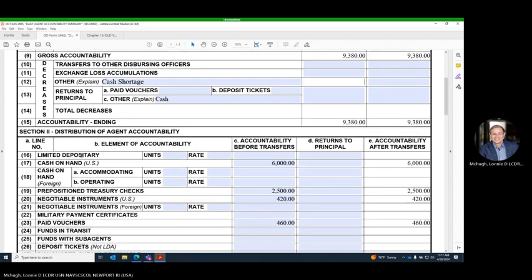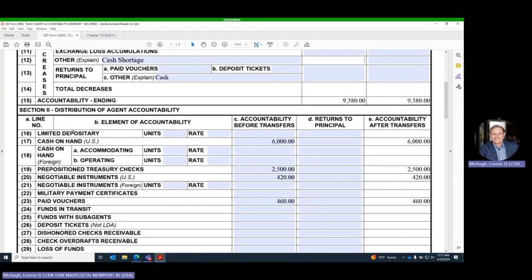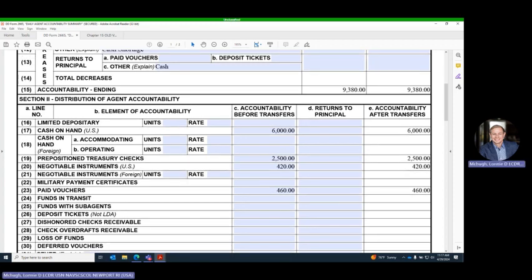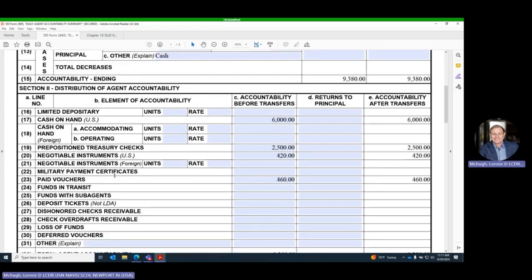We move. Line 16, limited depository, is not used DoD wide. US currency on hand, pretty self-explanatory. Our foreign currency on hand, again, we're not using this one. We're not going to dive down into the calculations for this. We've already covered prepositioned treasury checks, negotiable instruments, US, foreign negotiable instruments.